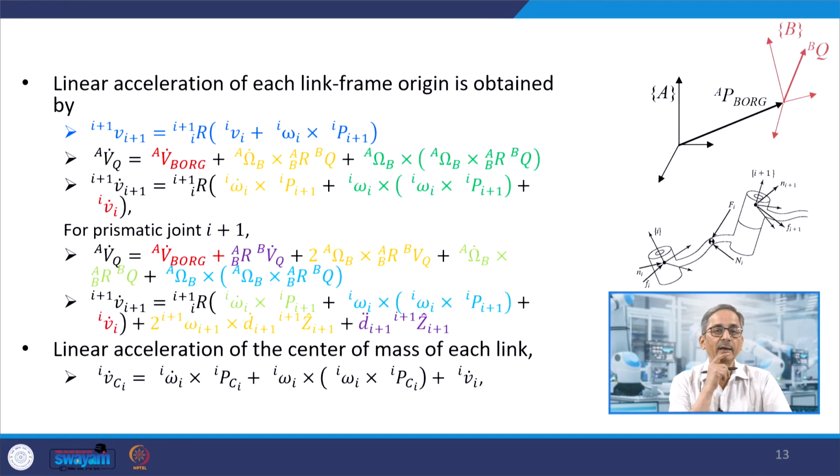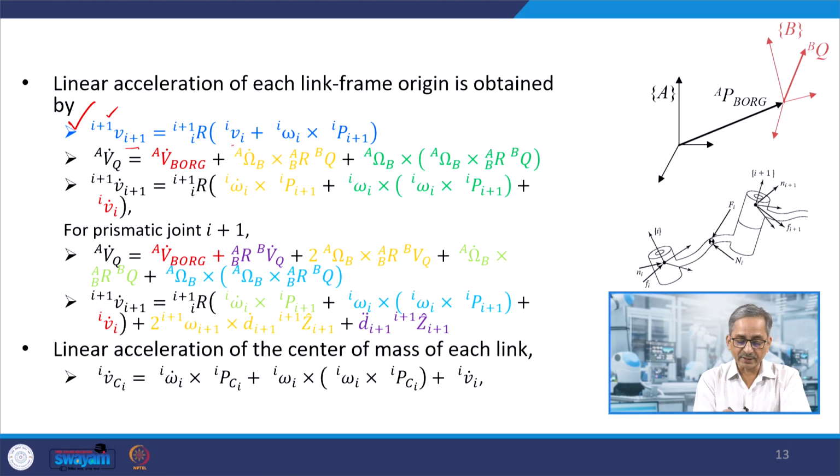Next, let us look at the linear acceleration propagation. The linear acceleration of each link frame origin is obtained from the equation we have already seen when we saw the velocity propagation, which is the velocity of the (i+1)th link with respect to some universal frame expressed in terms of the (i+1)th frame.